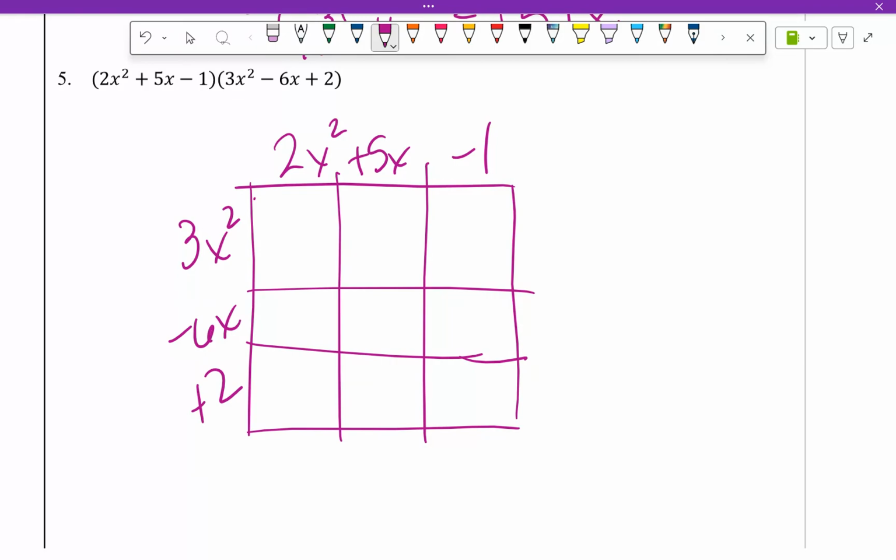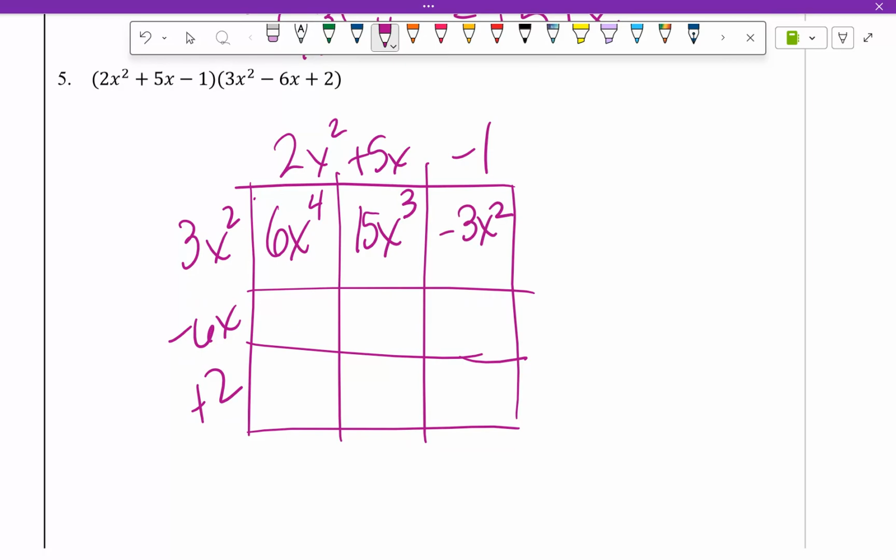All right, let's do it together really fast, okay? So, what is 3x squared times 2x squared? 6x to the 4th. Remember, I'm adding those exponents. All right, 3x squared times 5x. Cubed, good. 3x squared times -1. Good.